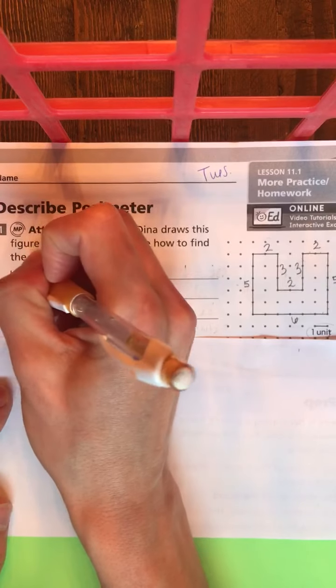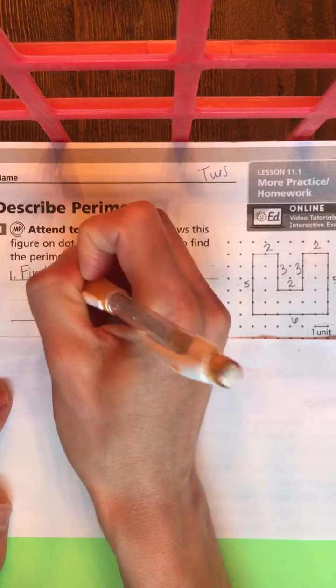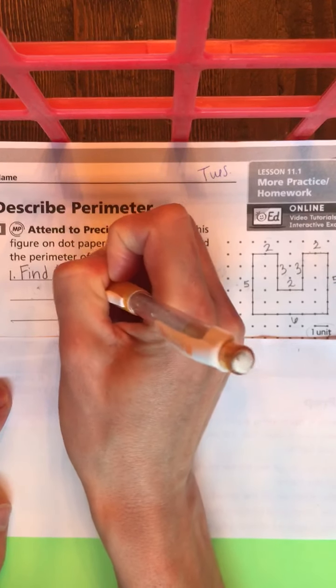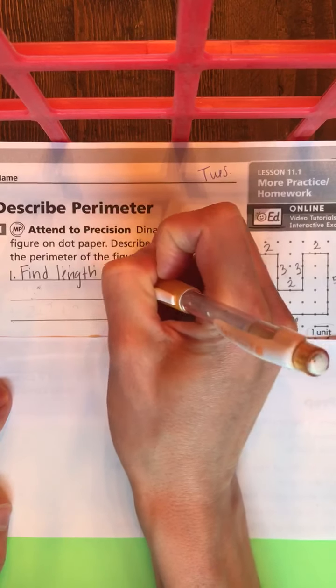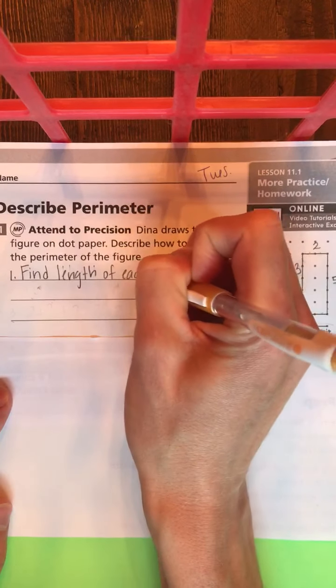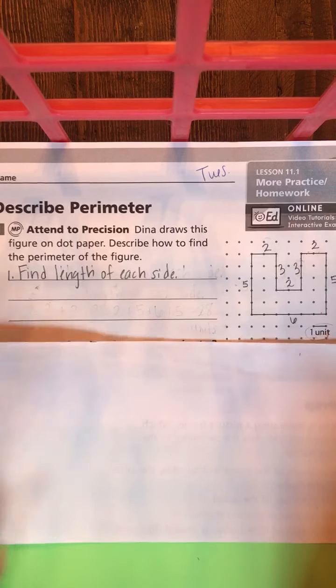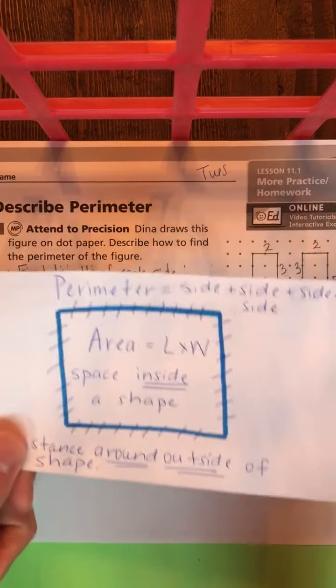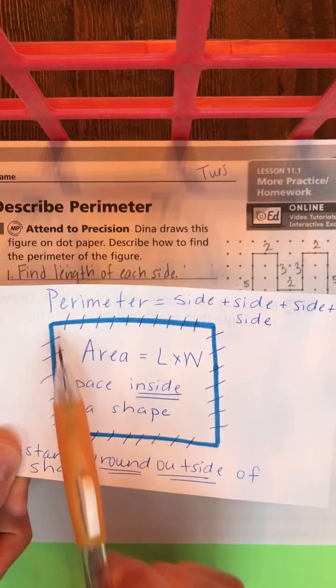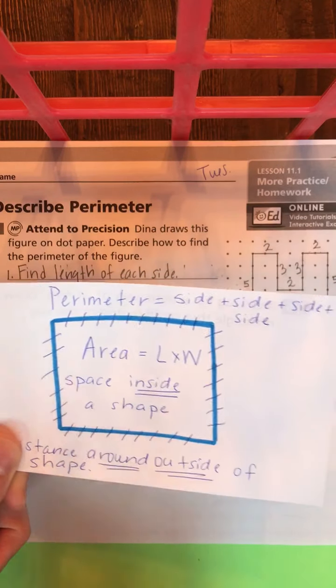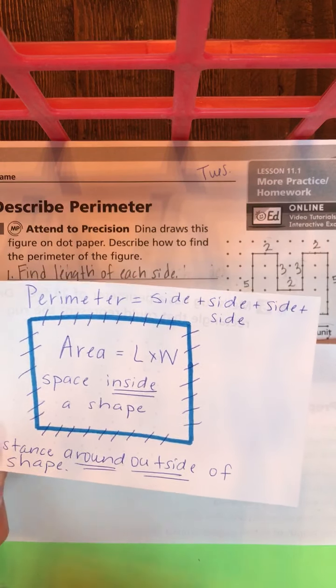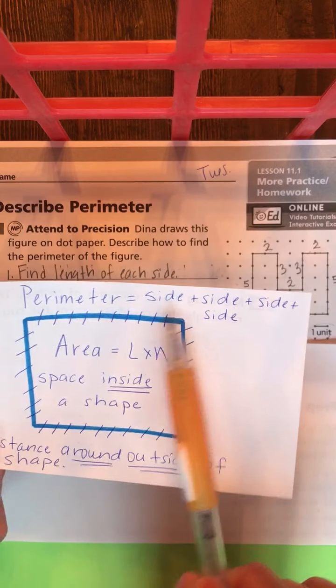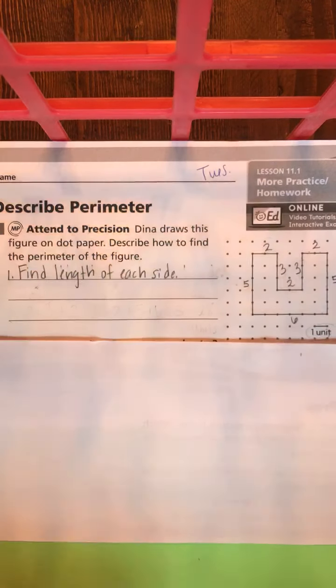So the first step is to find the length of each side. Okay? Great. Now, remember, to find the perimeter, we are looking for the distance around the outside of the shape. In order to do that, we need to add each side together.